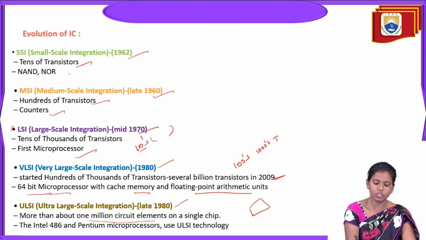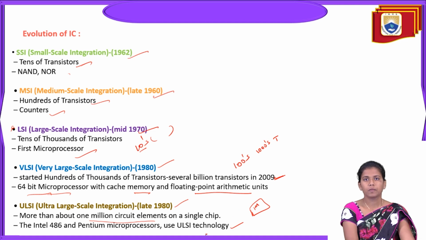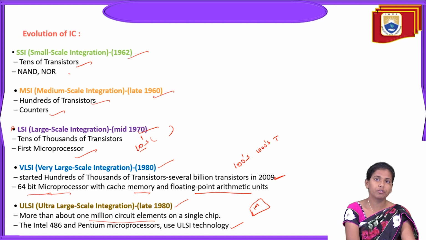So 1 million circuit elements can be accommodated on this single chip, and so we call it ultra large scale integration. For example, the Intel 486 and Pentium microprocessors use ULSI technology, as it contains billions of transistors on a single chip.